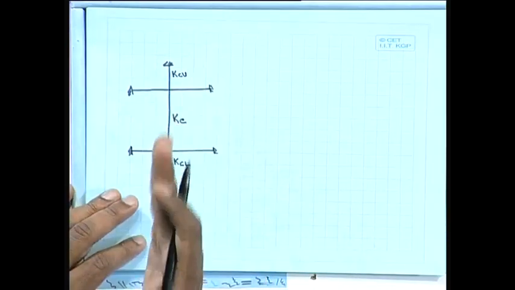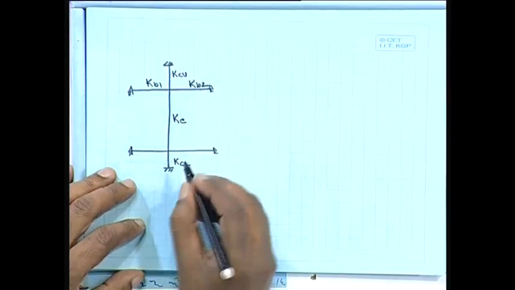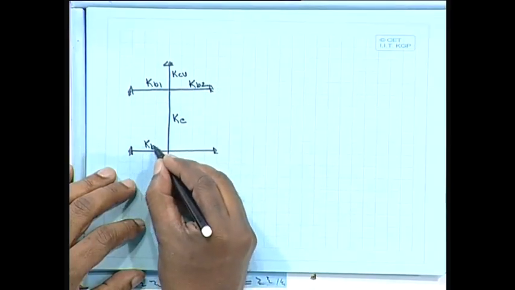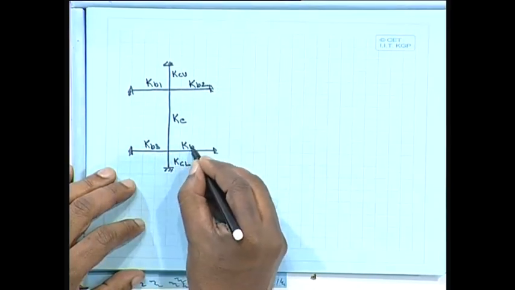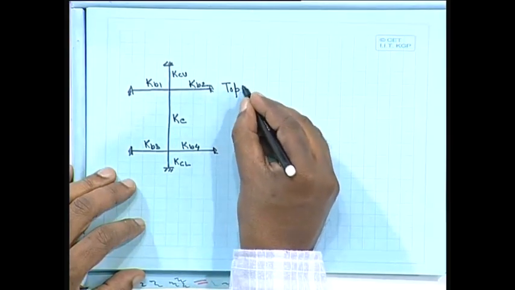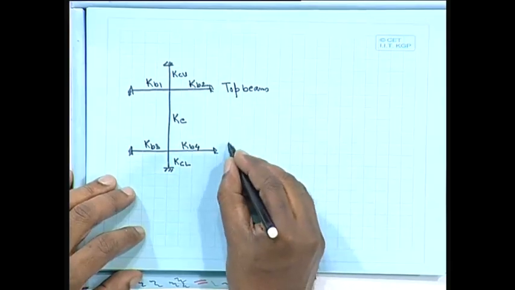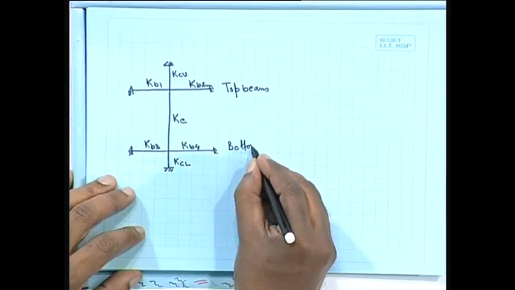The perpendicular direction also has another one, but we are not taking care of that right now; we are just giving one example. Let us say there is one beam here, KB1, another beam KB2, here KB3, another beam, and here KB4. So these are your top beams and these are your bottom beams.